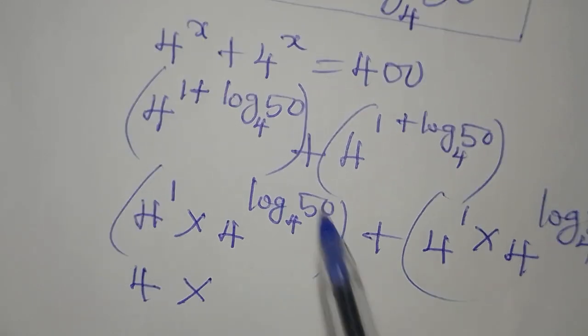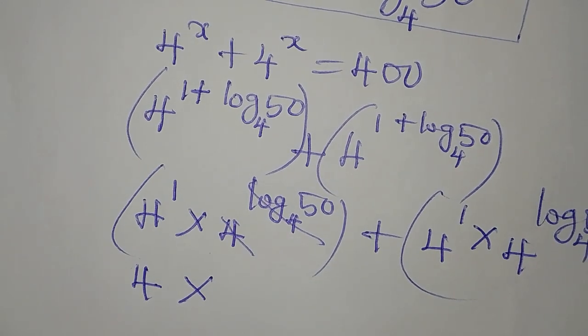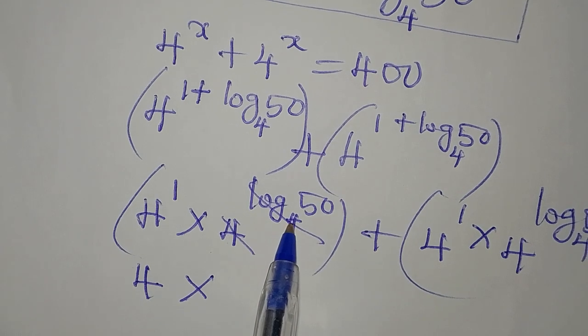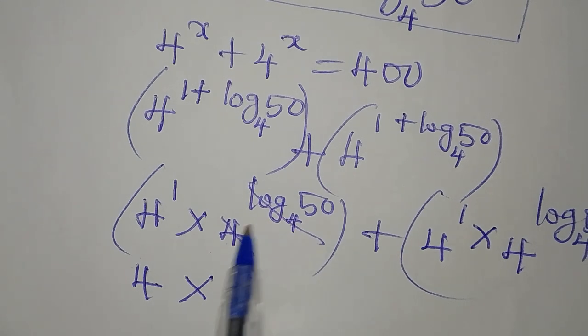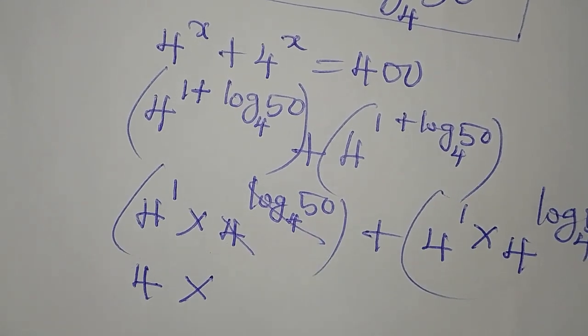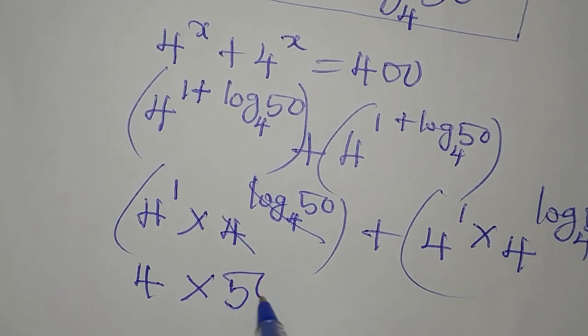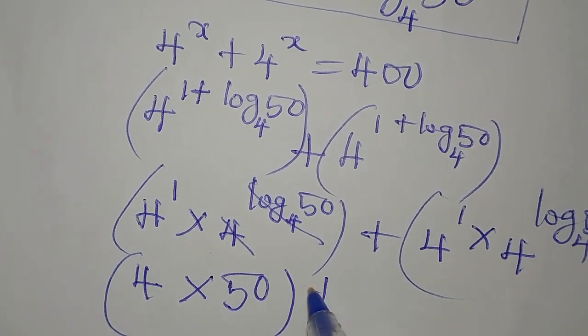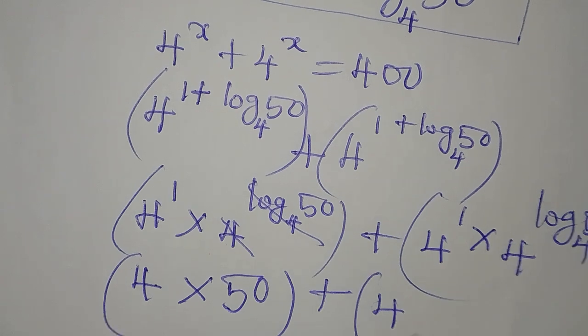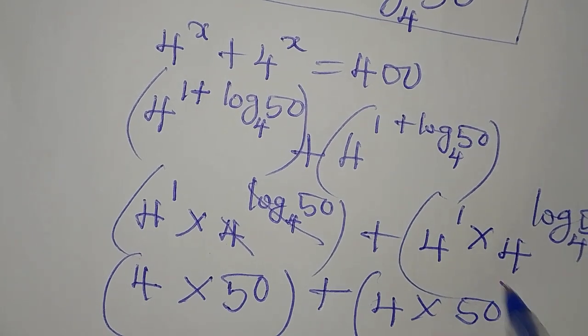Then multiply by this, and this will go, because the same base here is the base to the log, and they can always cancel each other to give us 50 over there. So this is 50, right? Then plus we have the same thing over there, 4 times 50 again.